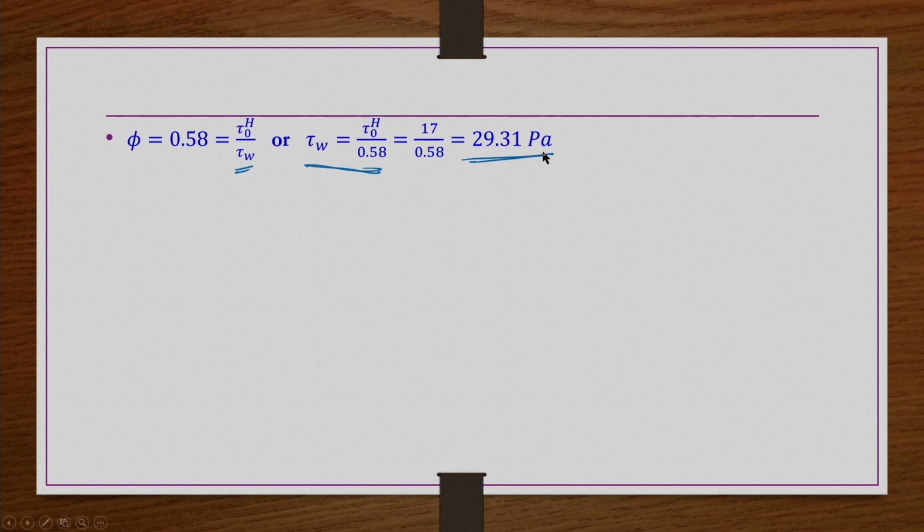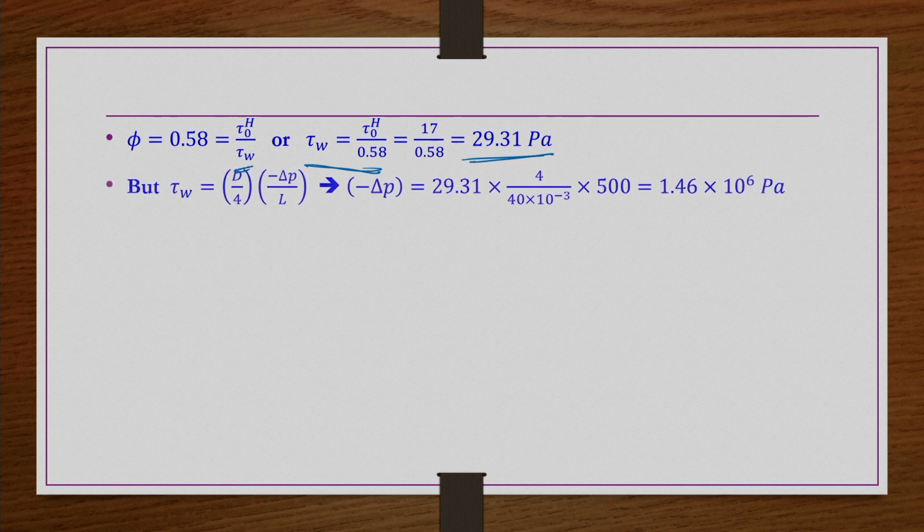So, that means 29.31 pascals is tau w, but tau w is minus delta p by L times d by 4, or r by 2. So, from here minus delta p is nothing but 4 tau w L by d, then you get minus delta p as 1.46 into 10 power 6 pascals approximately, right.